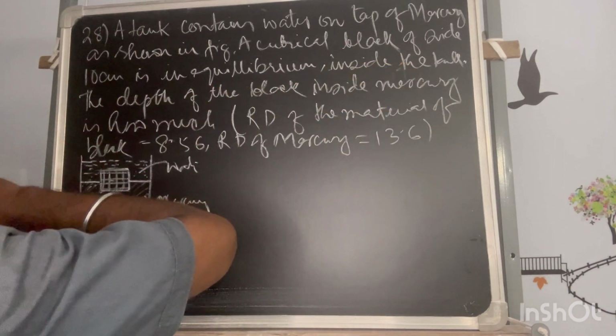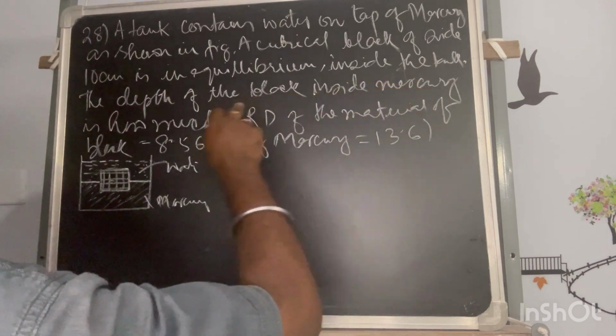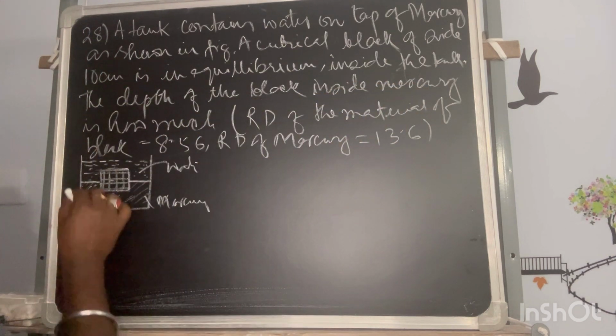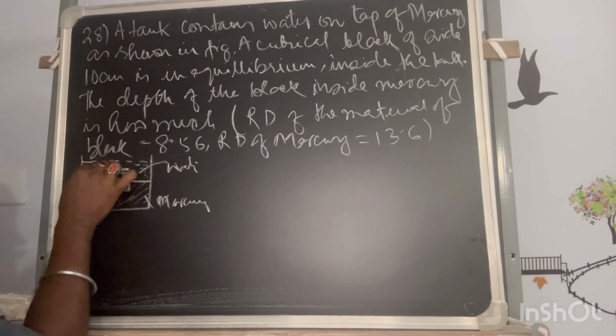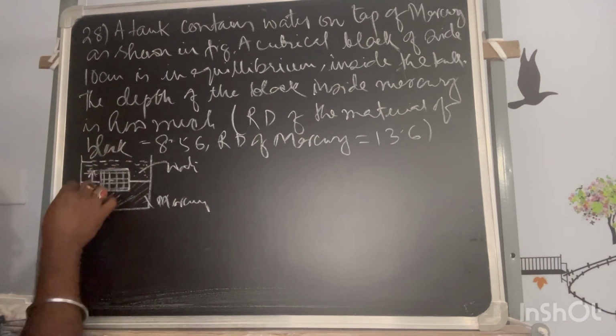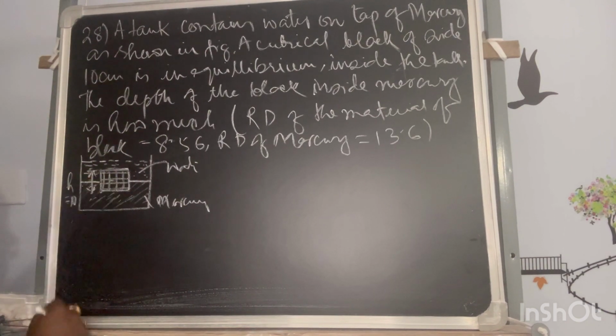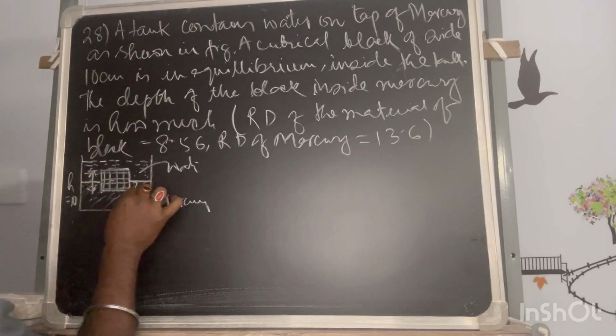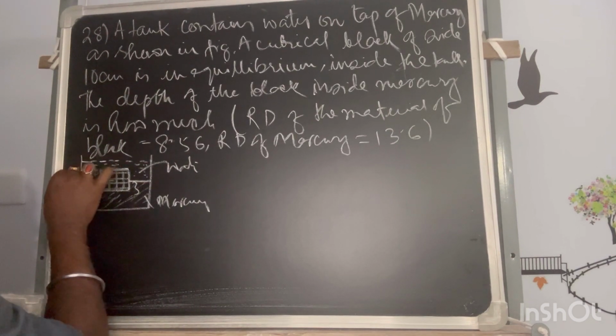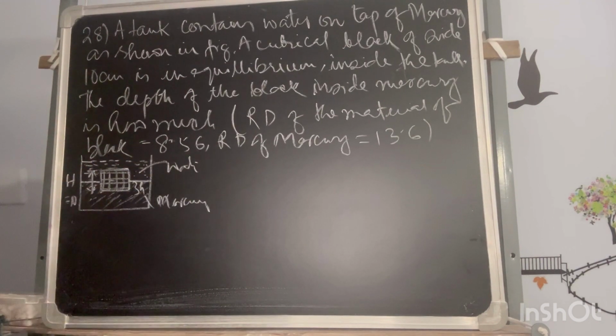Inside the tank, the depth of the block inside the mercury is how much? So if I assume the total height of the block is 10, and the part inside the mercury is h, then the remaining will be 10 minus h.